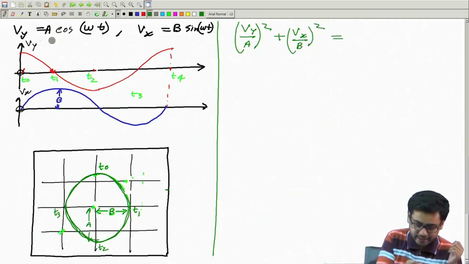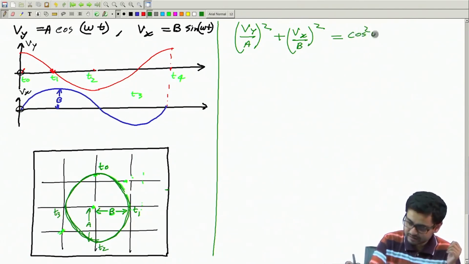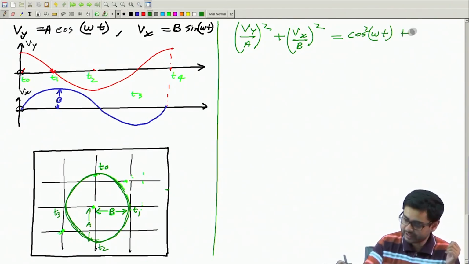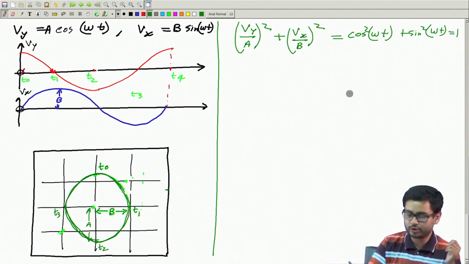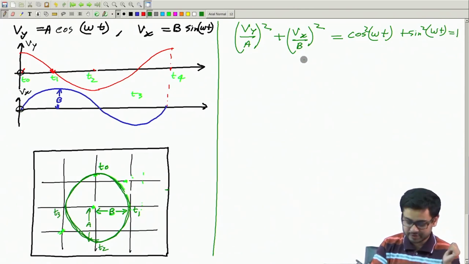What is Vy by A? Vy by A is cos omega t, and Vx by B is sin omega t, so this is cos squared plus sin squared, which is equal to 1. So this is the equation of an ellipse, right?